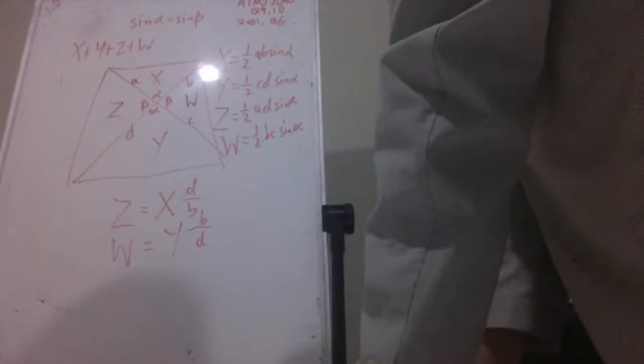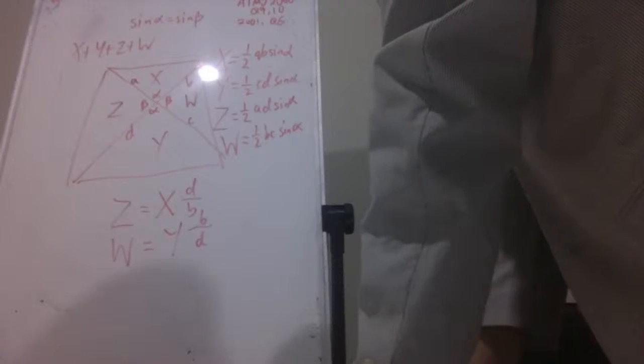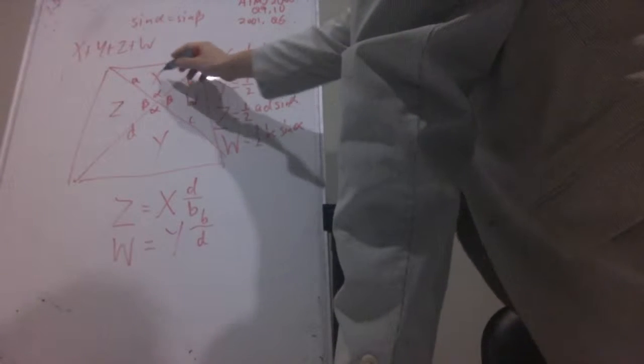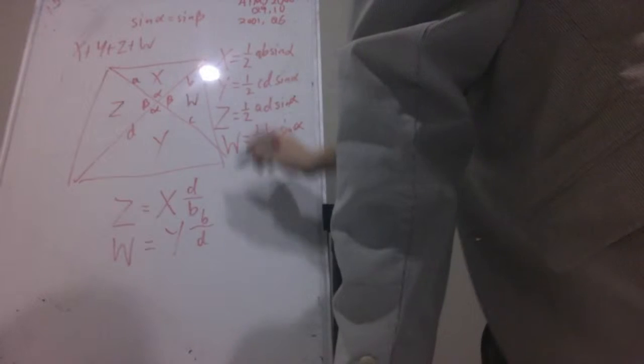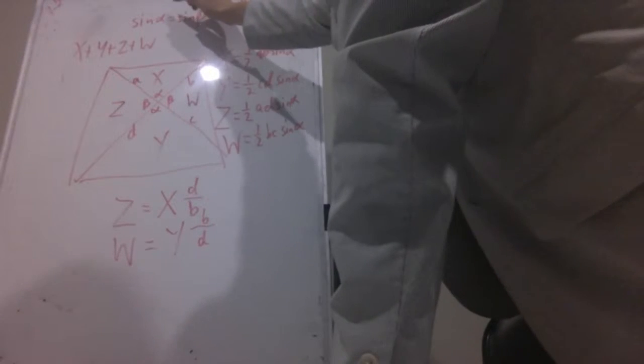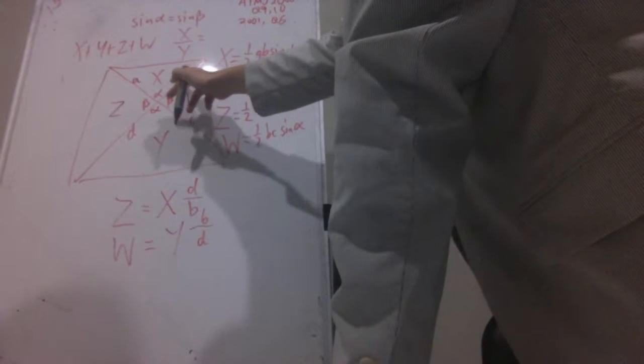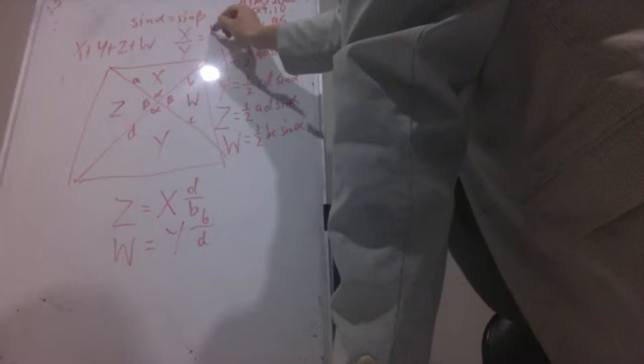So here you have that b over d. Do you know that these triangles are similar? That's how you got the ratios. One way to express the similarity is that x over y is equal to b over d squared.